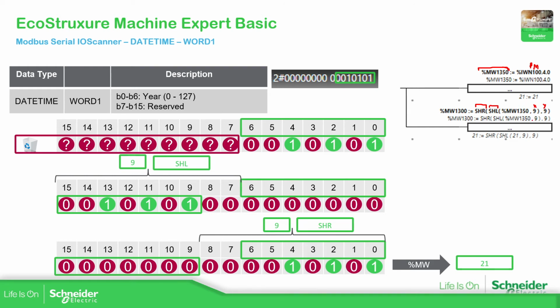So if you take a look over here, we only want to use this part. I really don't care what is in here. So what we can do is to move all this to the end, because when we move, if this is a word of 16 bits, I don't really care about this part.